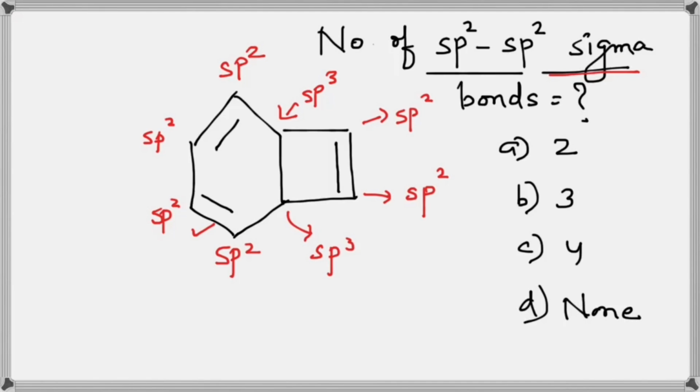We have one sigma bond here, then another sigma bond here, 2. This makes it 3. Now this bond here is between sp2 and sp3, so we are not going to count that. And so we have one more sigma bond between sp2 and sp2 here. So in total, the number of sigma bonds between sp2 and sp2 hybrid carbons is equal to 4, and so our answer is C, that is 4.